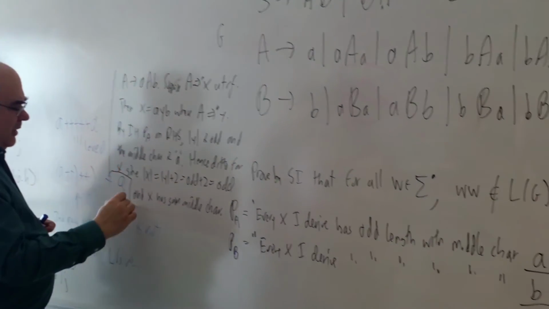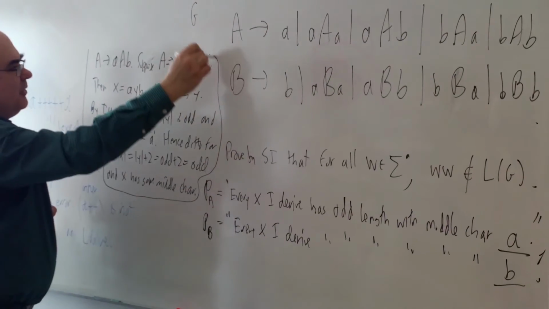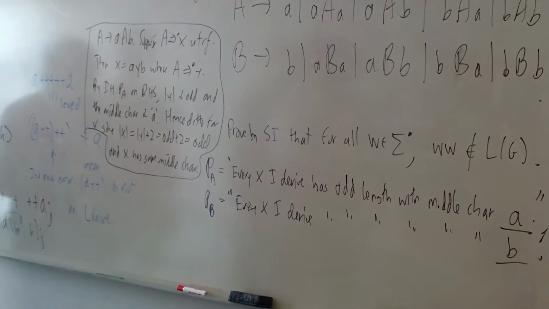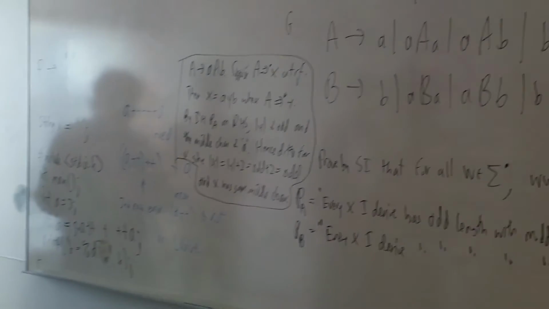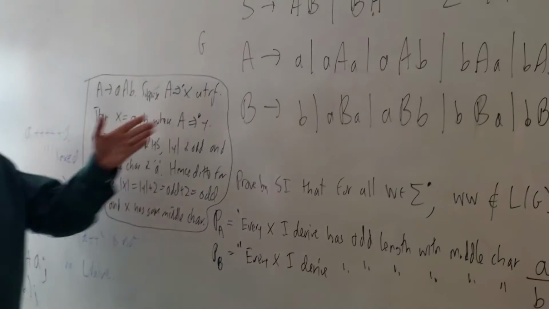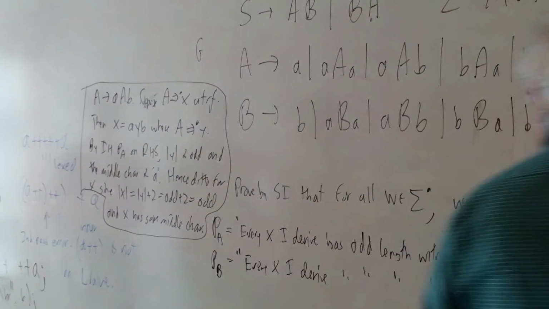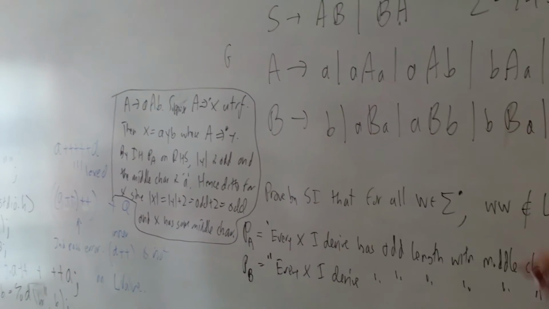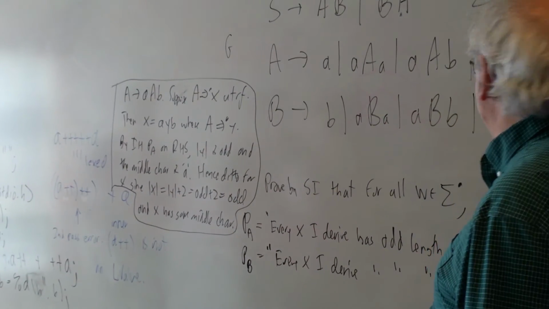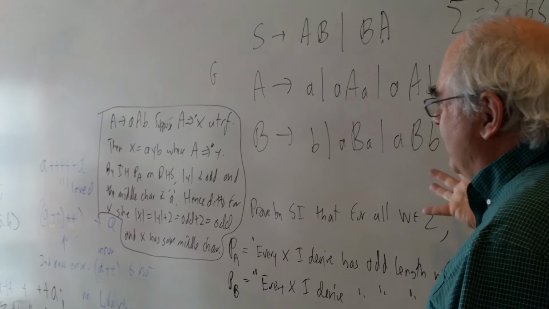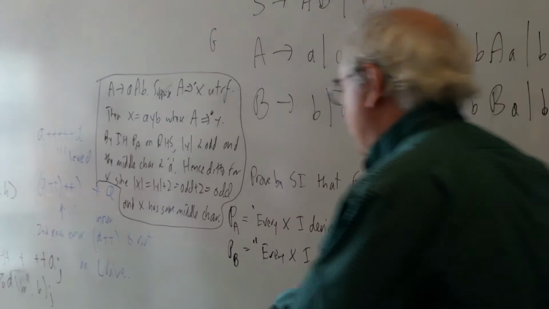Okay? So once you've written this in a structural induction proof, then you can instantly say that all the other rules are similar, because we didn't really care what the two end characters were, we just cared that there were two of them.